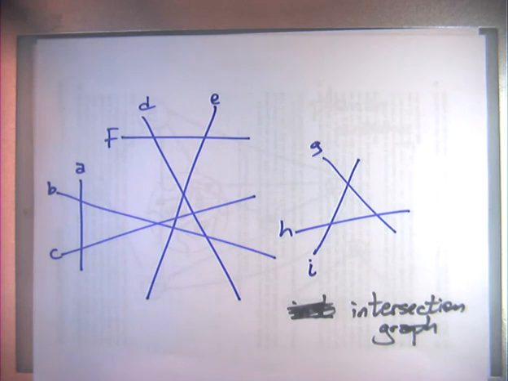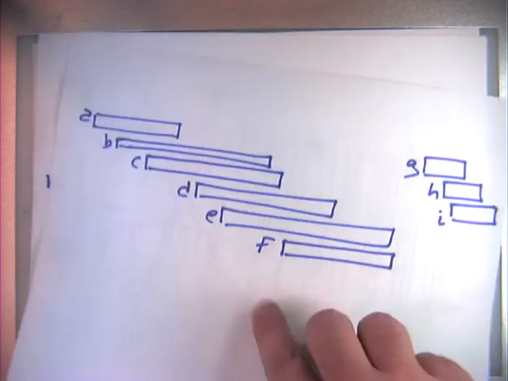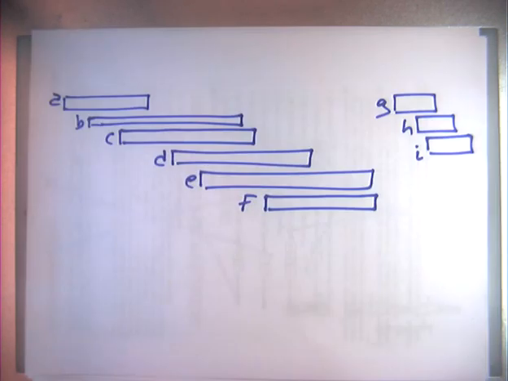Here's yet another representation of exactly the same graph. This is the same representation that I talked about yesterday when we were talking about greedy algorithms. Each of these boxes represents an interval on the real number line that has a left endpoint and a right endpoint. Maybe this is the starting time and the ending time of some class.